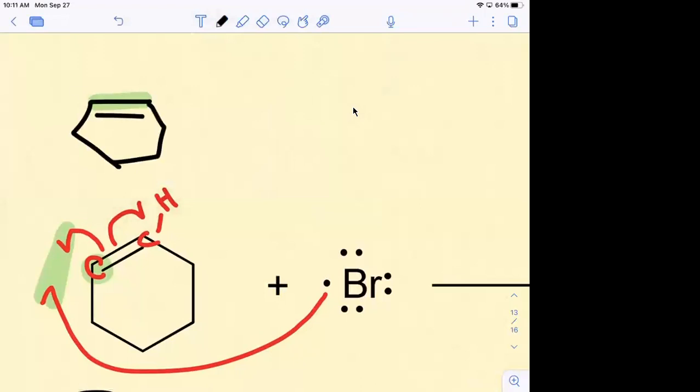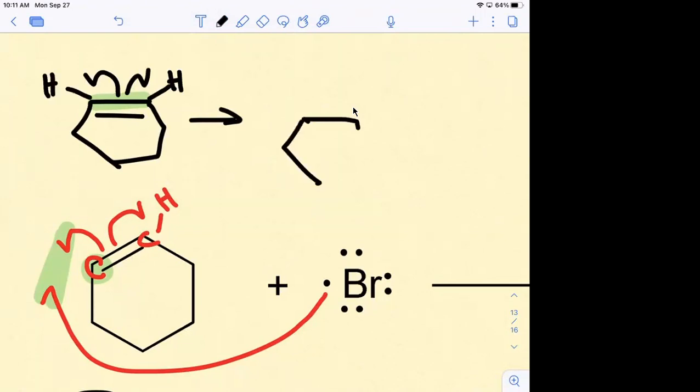Like if I have this, this is H. And then if I just show the bond cleaving, you'll see that there's an electron here and one here.